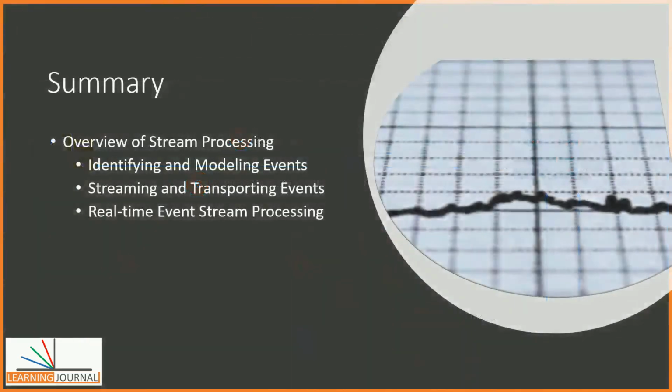The main objective of this lecture was to give you the first sense of real-time stream processing. I tried to give you an idea of what we mean by the event. An event is nothing but a business activity that we captured as a data object, right? I also tried to give you a clear understanding of what we mean by a stream of events.